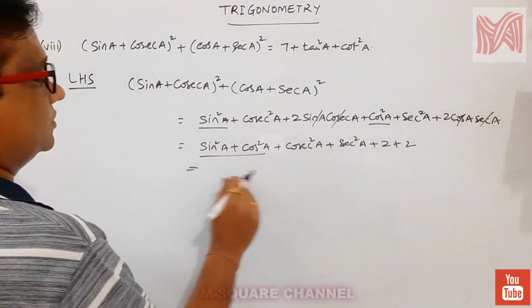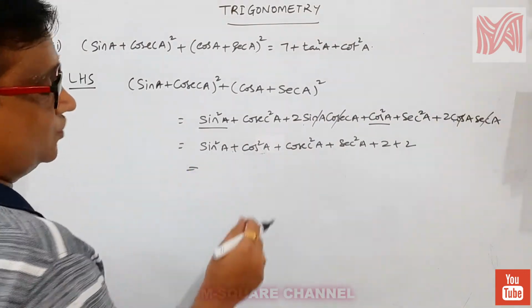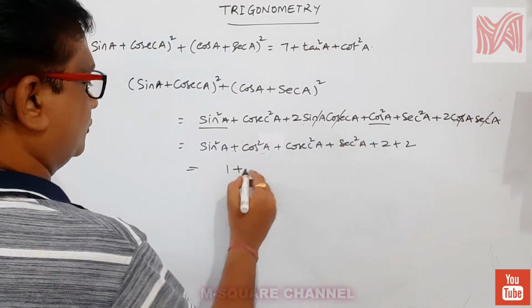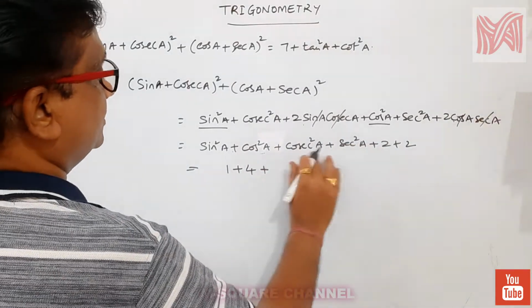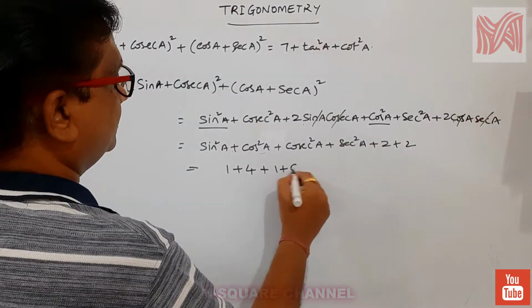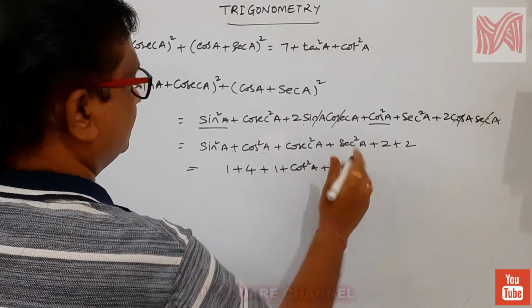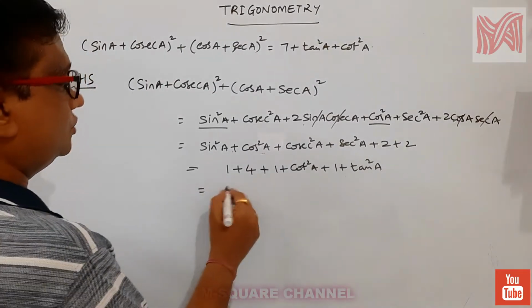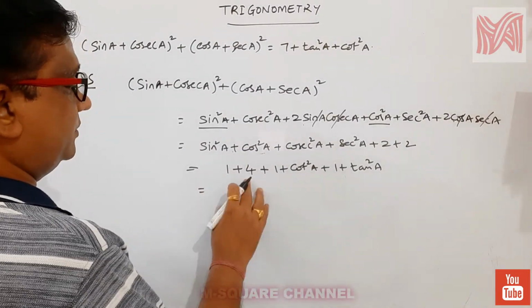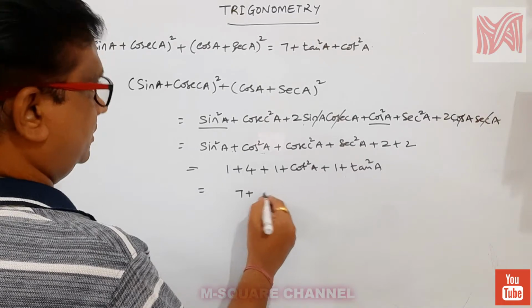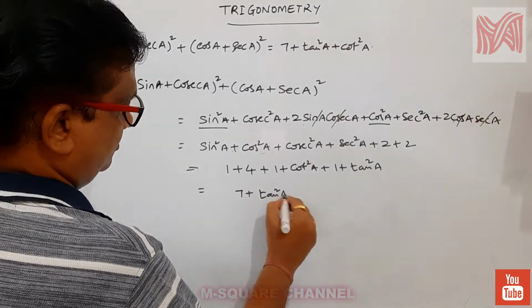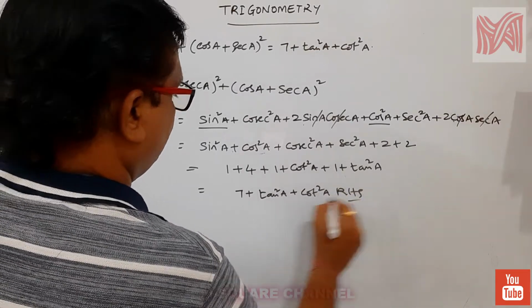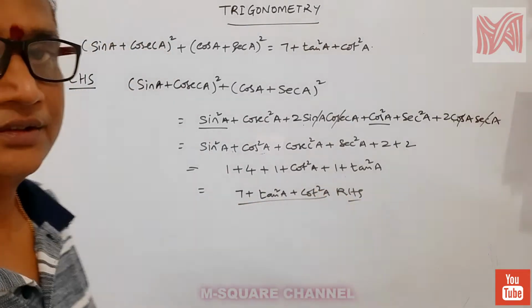Now this part is 1, because sin square A plus cos square A is 1. So 1 plus 2 plus 2, 4, plus cosecant square A is 1 plus cot square A, and secant square A is 1 plus tan square A. So total 1 plus 1 plus 1, 3 plus 4, 7 plus tan square A plus cot square A. This is RHS. Okay.